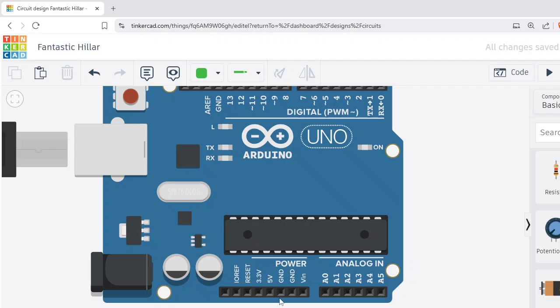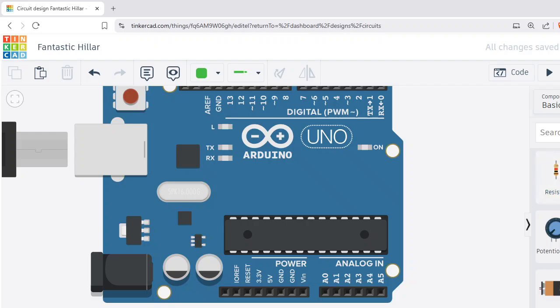Yes, sir. Okay. Now the voltage coming out of the Arduino: if I want to connect something which requires voltage, if I want 3.3 volts, I will connect here. If I want 5 volts, I'll connect here. These are the negative points. Negative points means the minus points, the battery ka minus point.